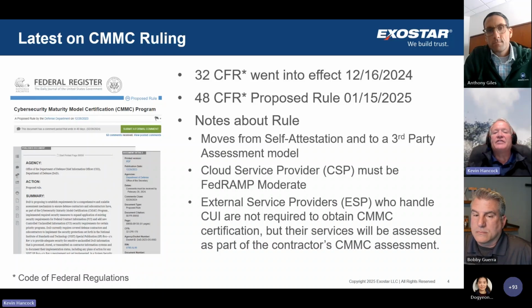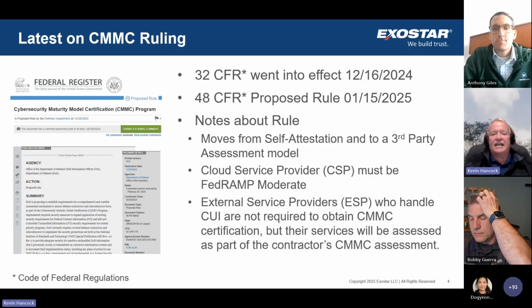Now, as many of you know, hopefully, the main thing about CMMC is that it moves your compliance with NIST 800-171 away from self-attestation and you doing self-assessments to requiring that a third party evaluate your program once every 3 years.